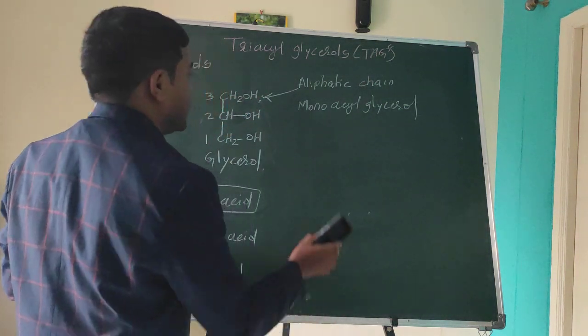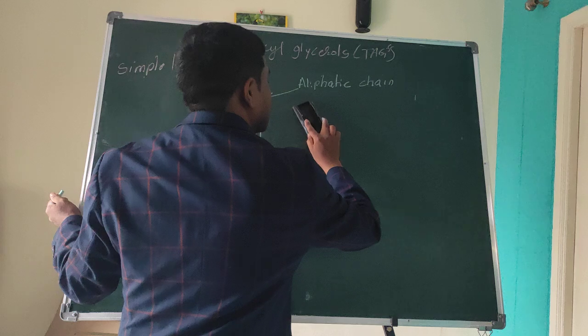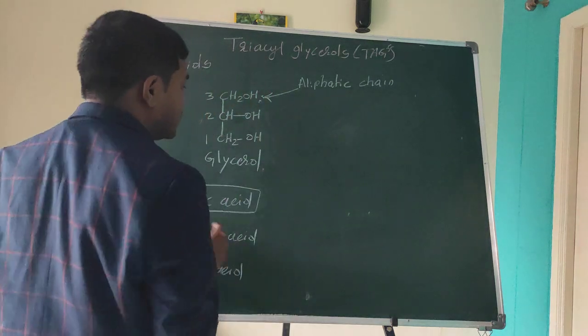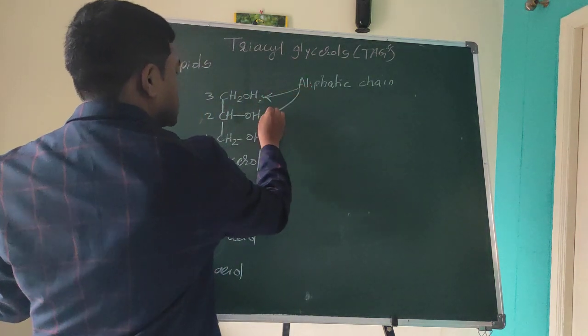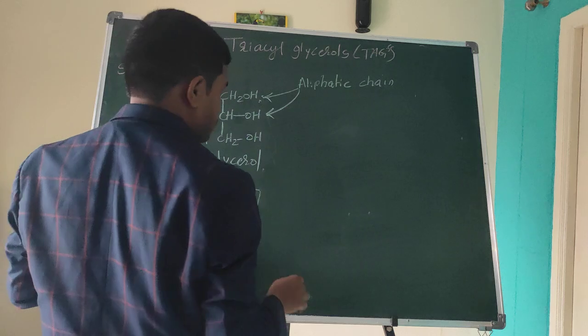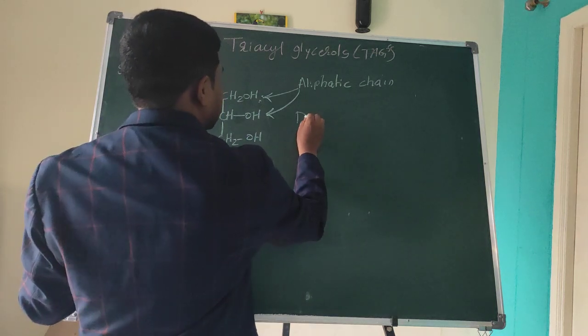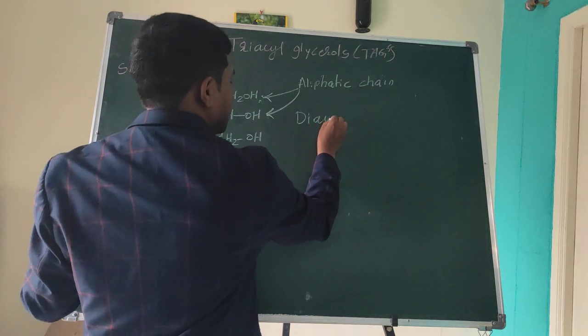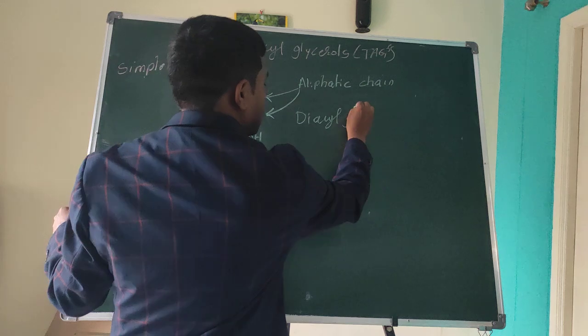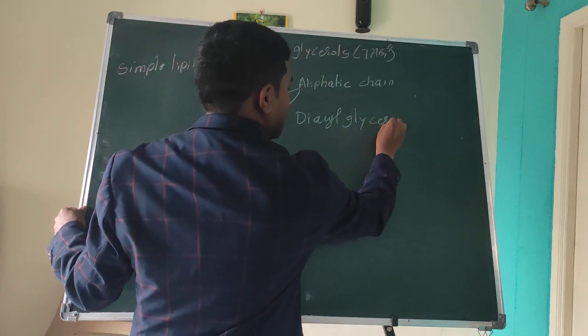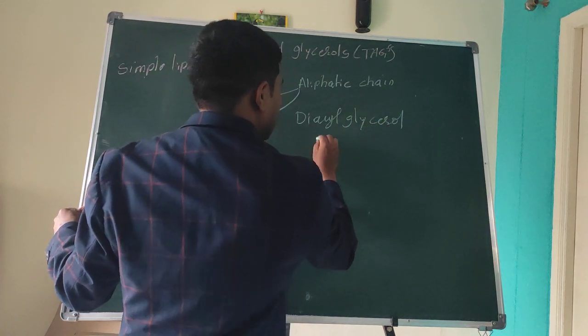If the aliphatic chain is at two positions, it is diacylglycerol, DAG.